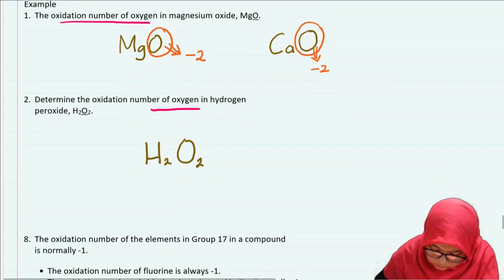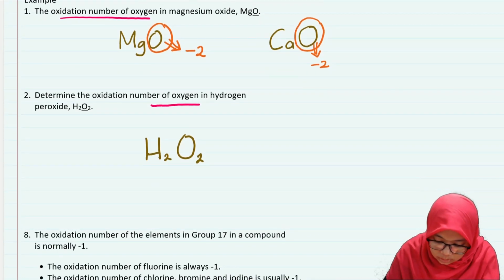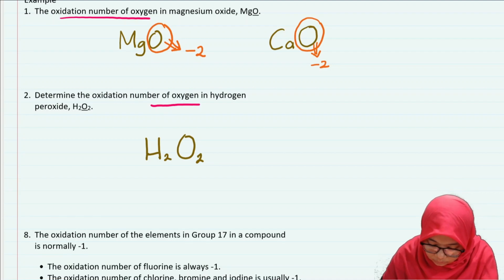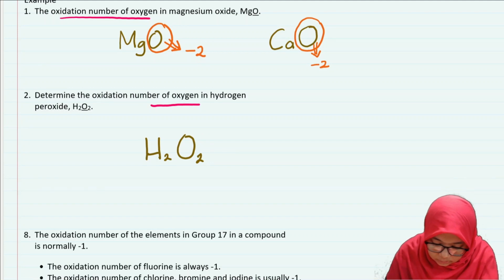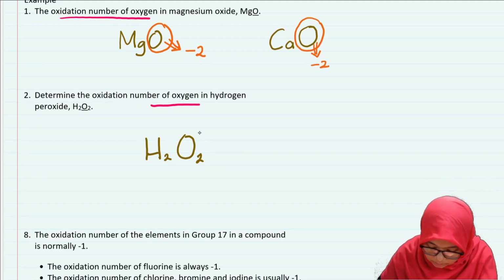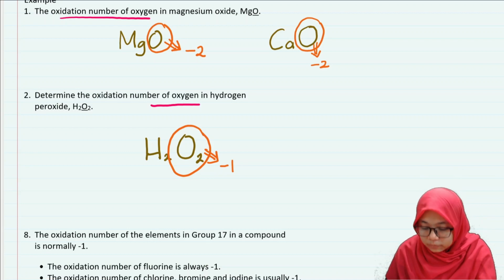In this case, when oxygen reacts with hydrogen to form hydrogen peroxide, instead of having an oxidation number of negative 2, it will have an oxidation number of negative 1.